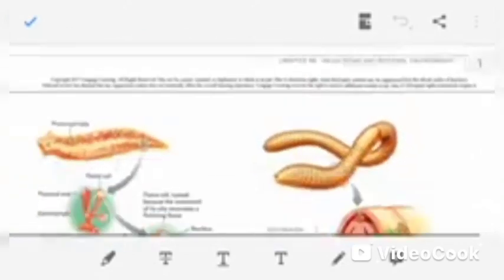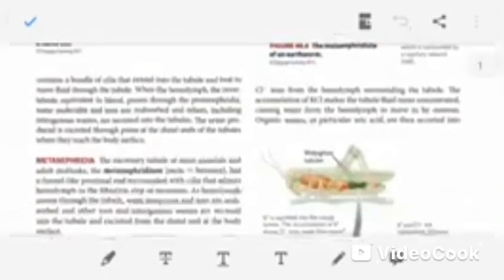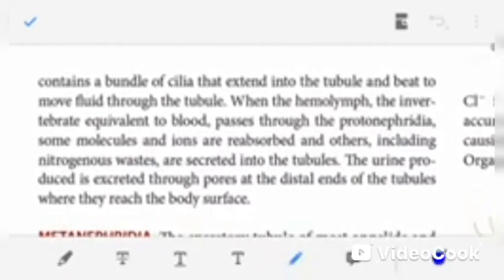Now, in each flame cell, a bundle of cilia is present, and this cilia bundle extends into the tubule, and the continuous beating of cilia produces a current. So the fluid from the hemolymph is drawn into the tubule.